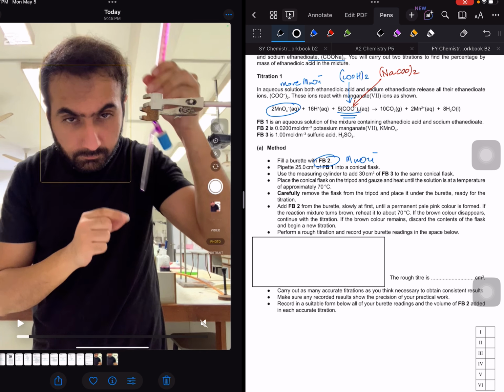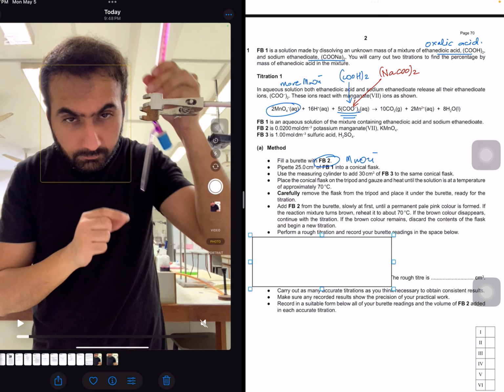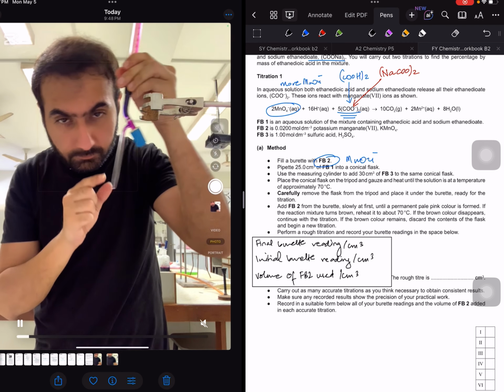Here it will be final burette reading /cm cube, initial burette reading /cm cube, volume of FB2 used /cm cube. This is how you draw your table. I can extend it, and now I need to put in my values, so I remember my values, but we'll come back to it later.